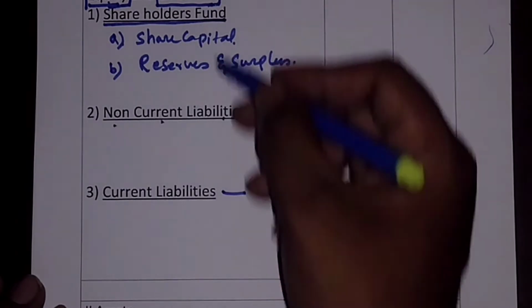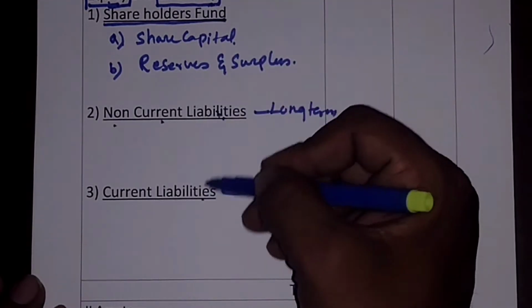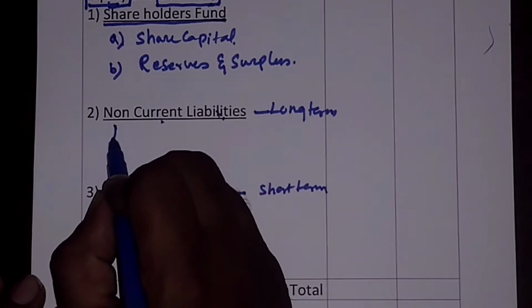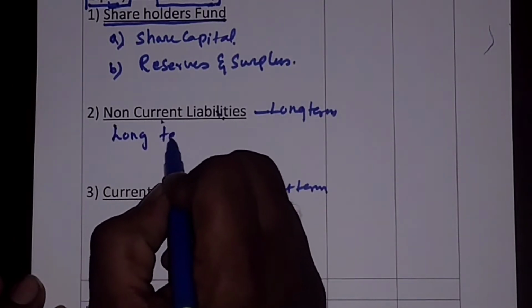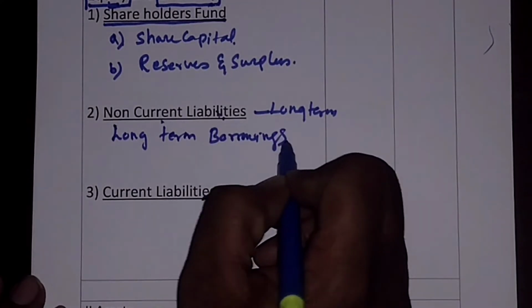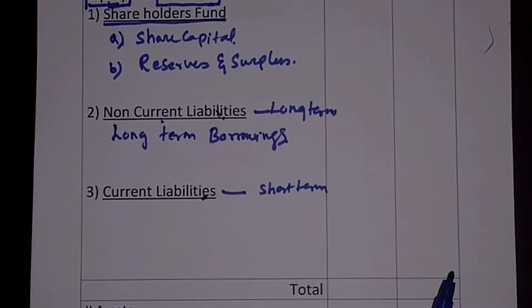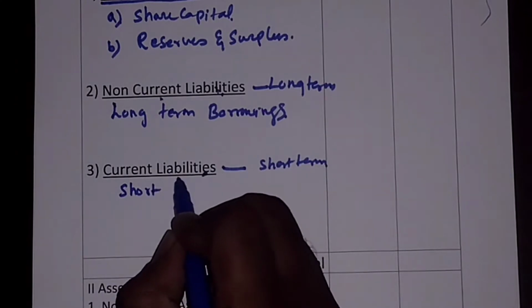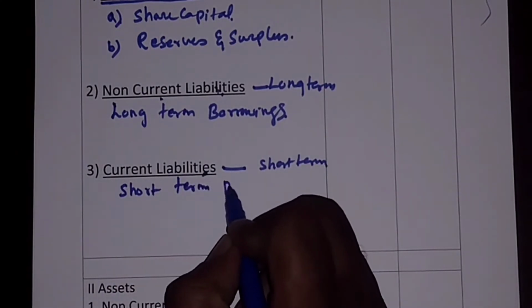The liabilities are subdivided into long term and short term. Under non-current liabilities, long-term borrowings will appear. Under current liabilities, short-term borrowings appear.